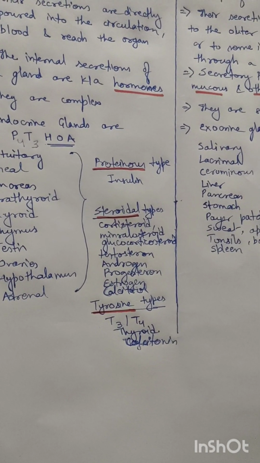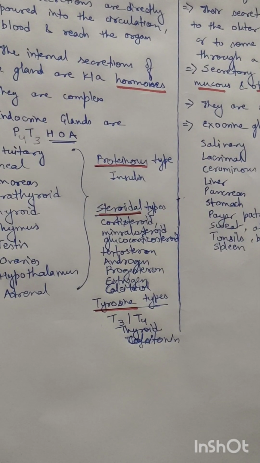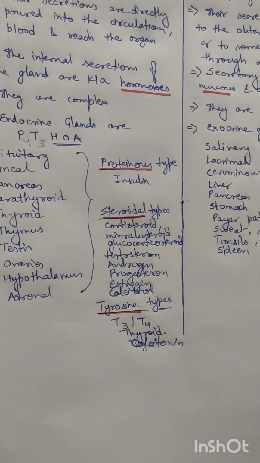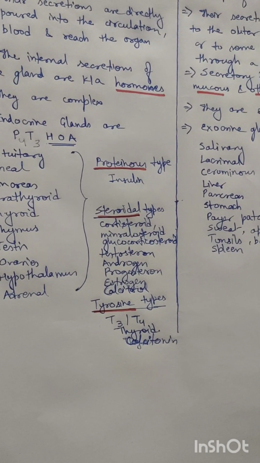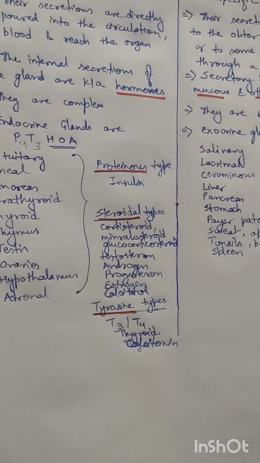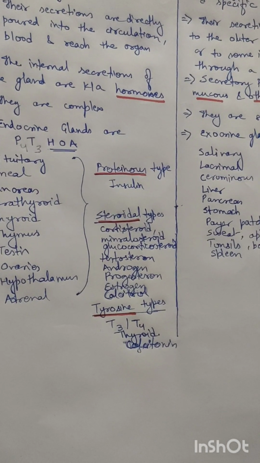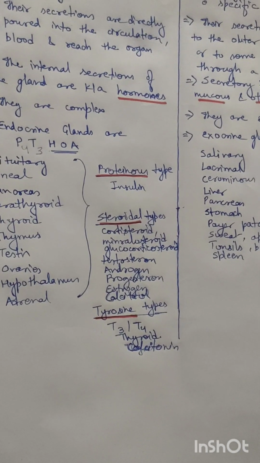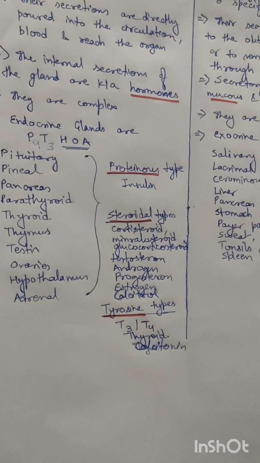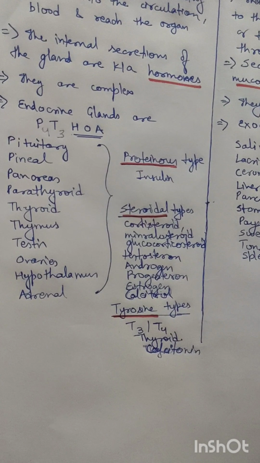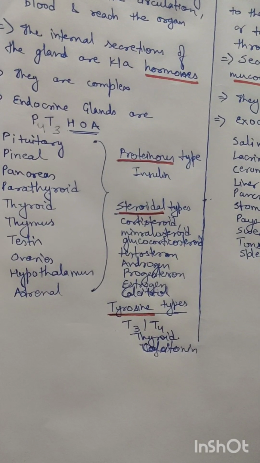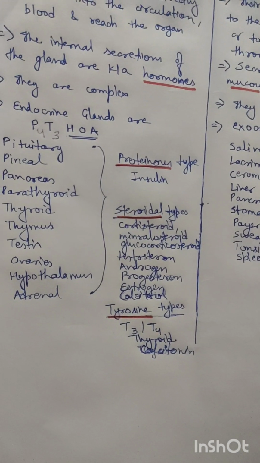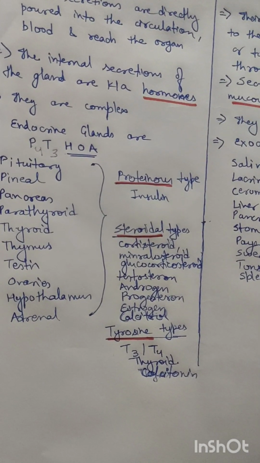Alpha cells produce glucagon, beta cells produce insulin, and delta cells or D cells produce somatostatin. Those are universal inhibitory hormones. PP cells are not so important, but in the coming lectures we will study insulin in detail, when we study diabetes.